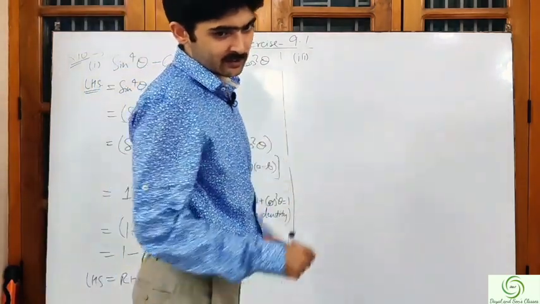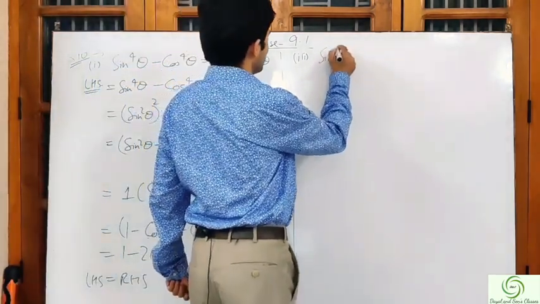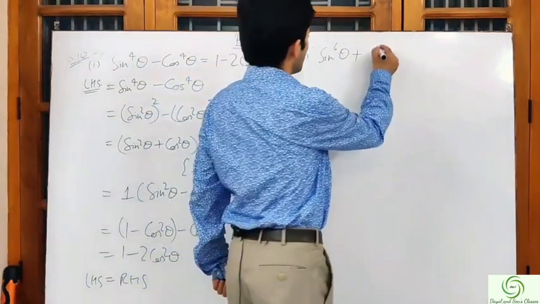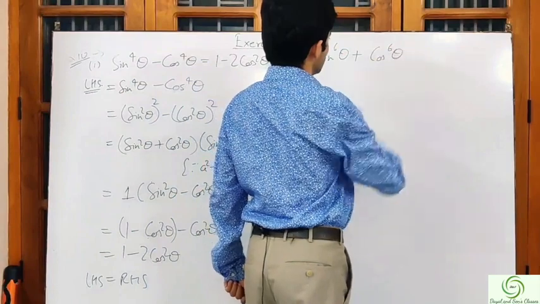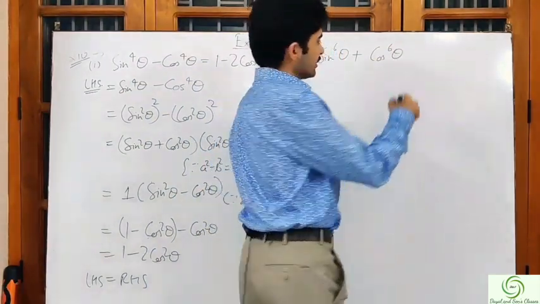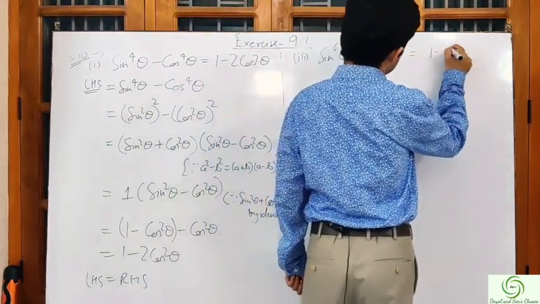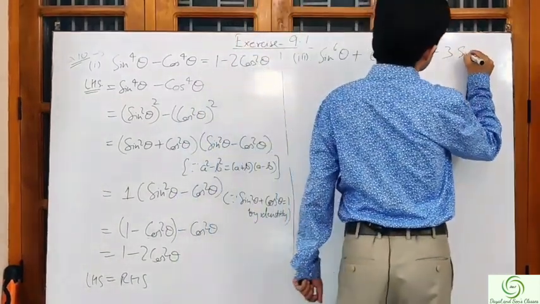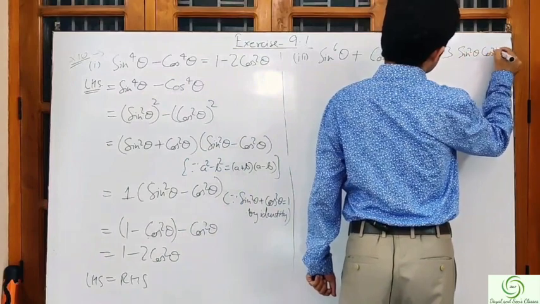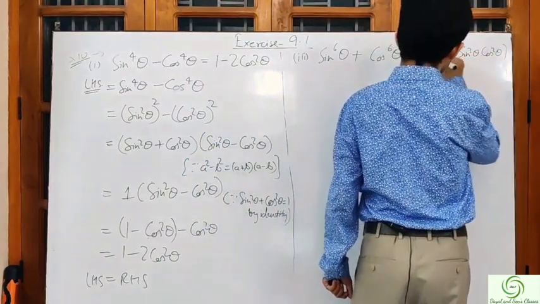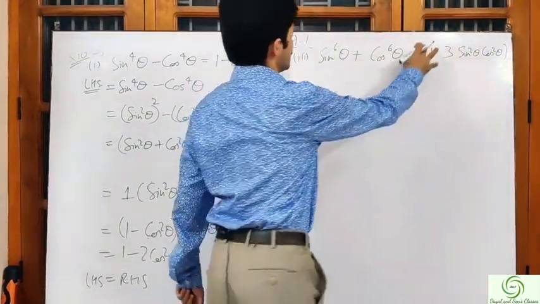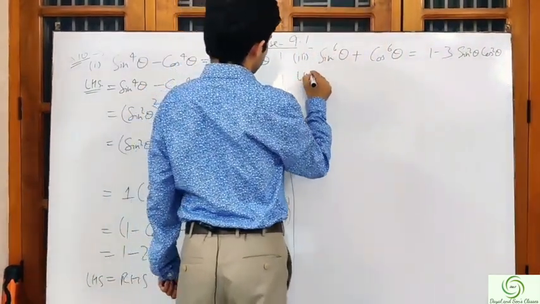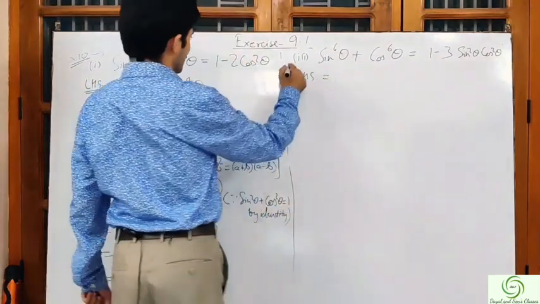The third part says sin 6 theta plus cos 6 theta is equal to 1 minus 3 times sin square theta cos square theta. Left hand side, let us see the solution for this part.